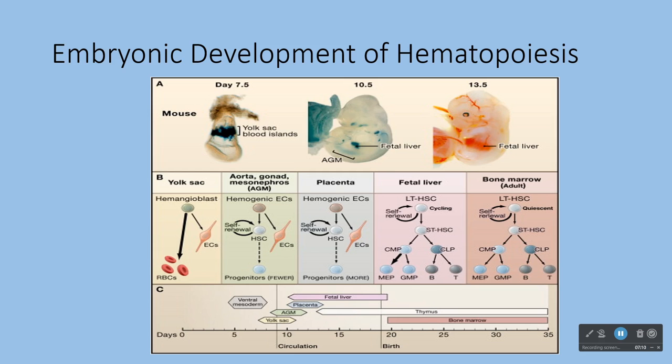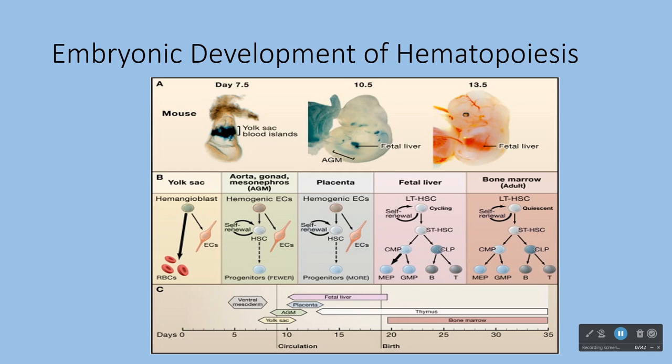One thing I need to make sure you guys understand: there is a difference between all the stem cells. We have stem cells that have specific jobs to do. In this case, we're talking about stem cells that make blood. That's the reason they're referred to as hematopoietic stem cells. But we also have stem cells that make nerves, stem cells that make muscle, stem cells that make our organs.